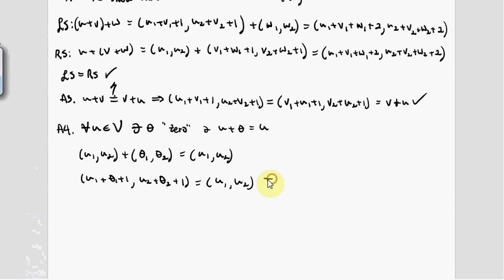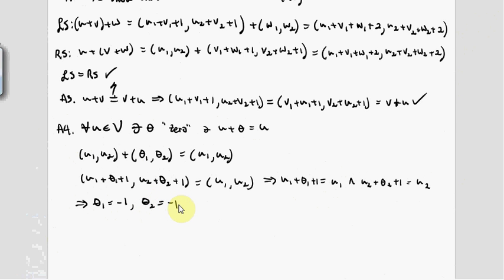If you look at it, this implies that u sub 1 plus theta sub 1 plus 1 is equal to u sub 1, and u sub 2 plus theta sub 2 plus 1 is equal to u sub 2. Well, that implies that theta sub 1 has to equal negative 1, and theta sub 2 has to equal negative 1.